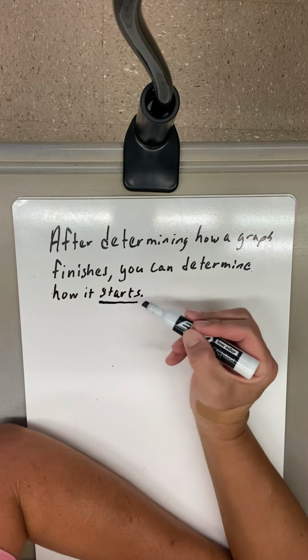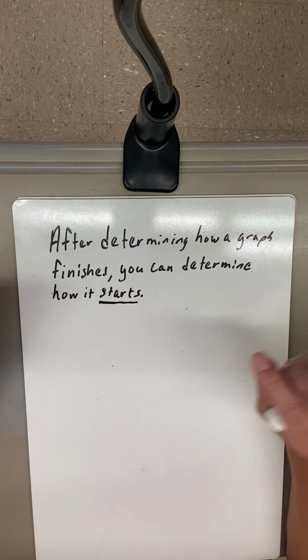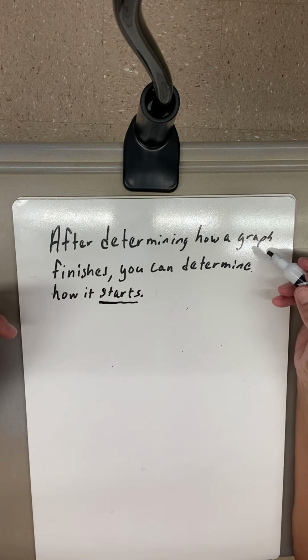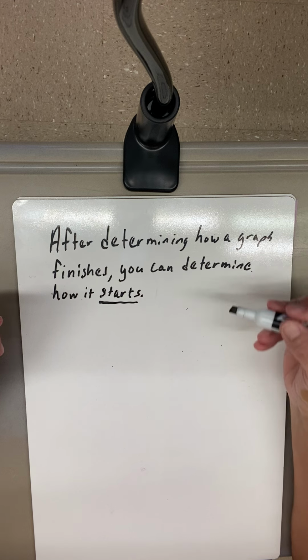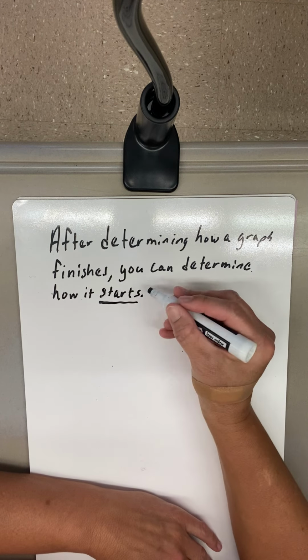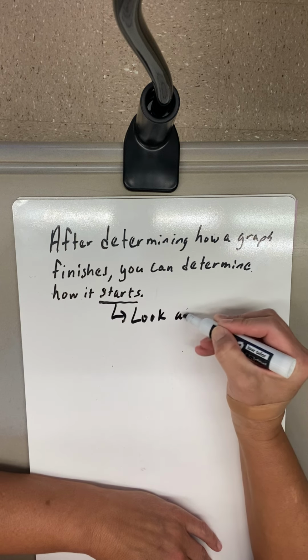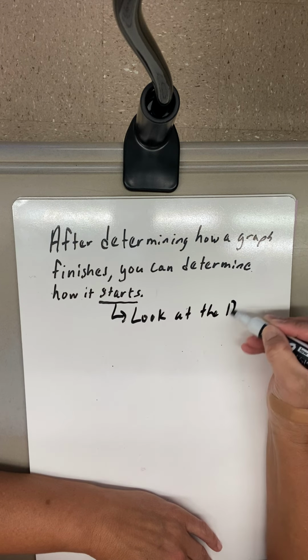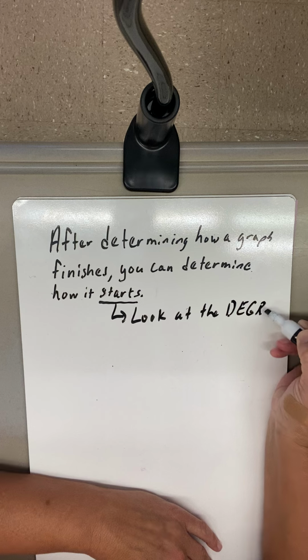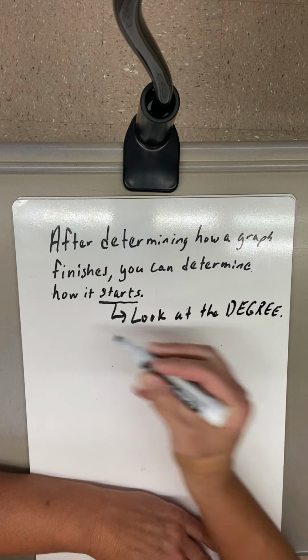So for finish, we looked at the leading coefficient. To tell how it starts, we're going to look at the degree, or the highest exponent, on the function. So we're going to look at the degree, the highest exponent of the function.